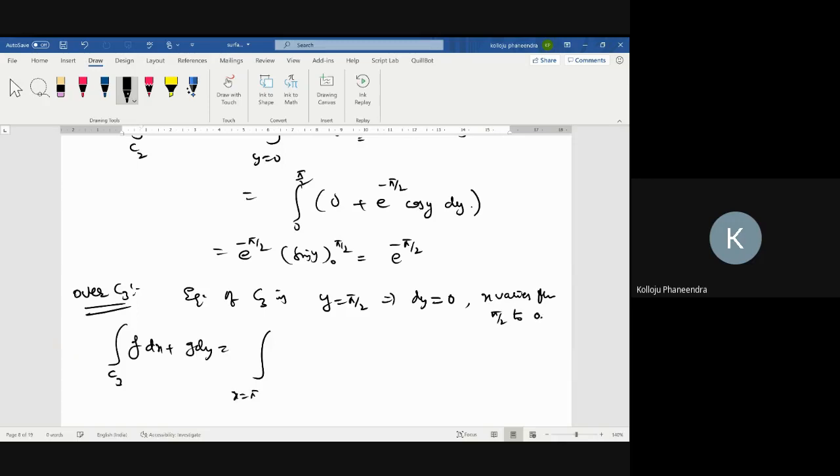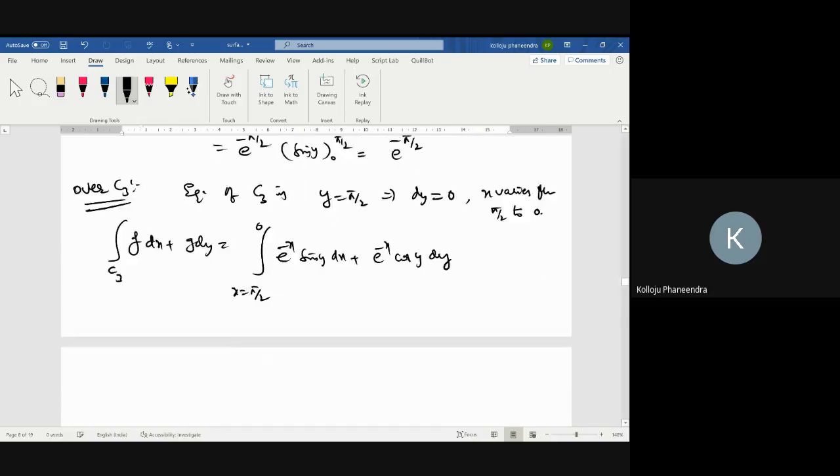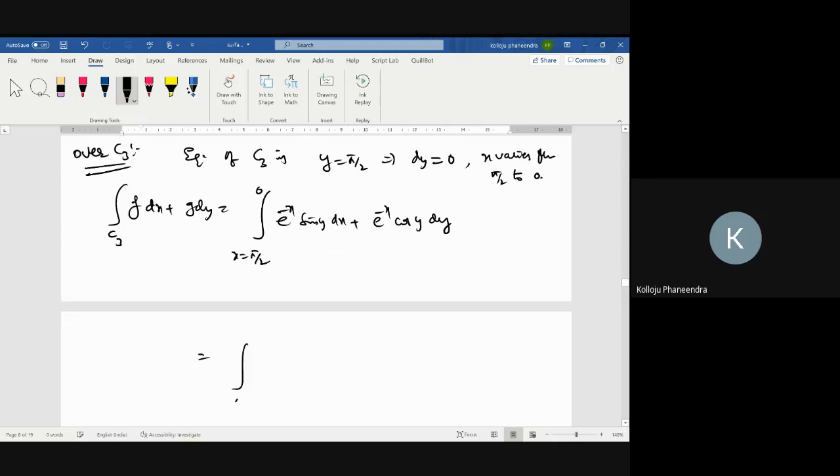With y equal to pi by 2 and dy equal to 0, the second term is 0, and we get the integral of e power minus x sin pi by 2 dx.